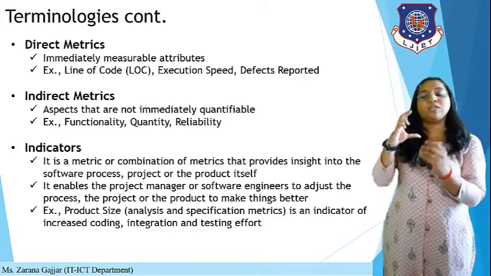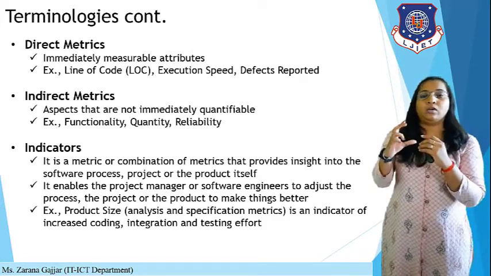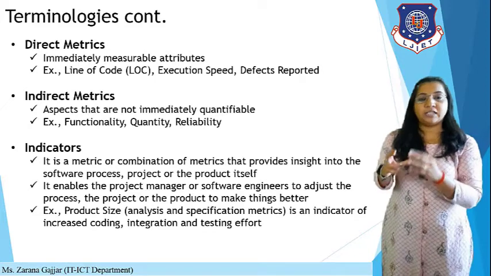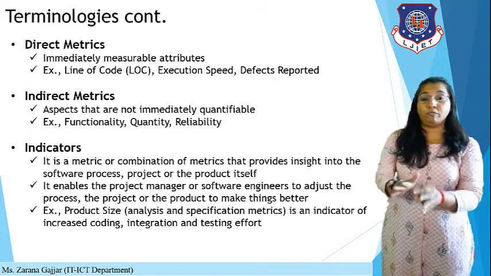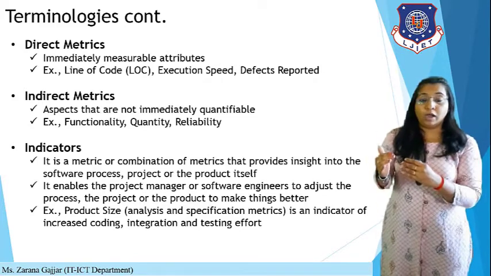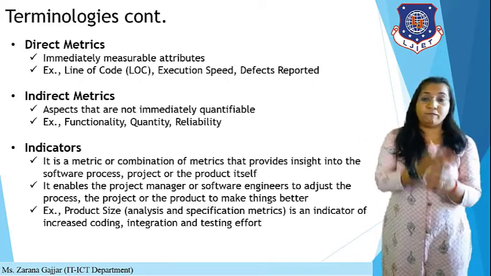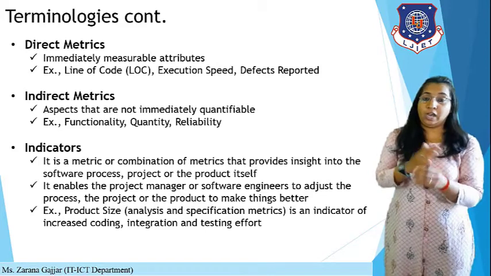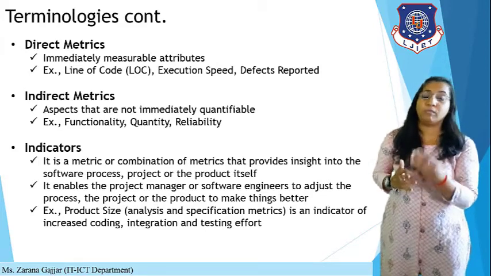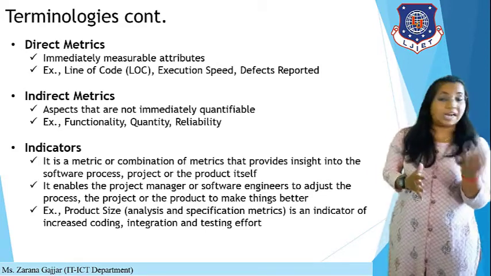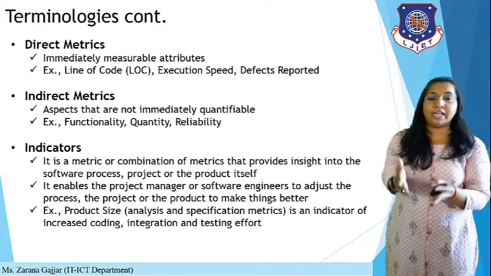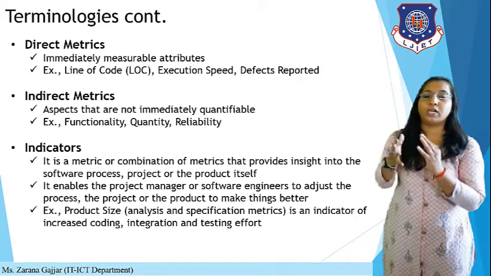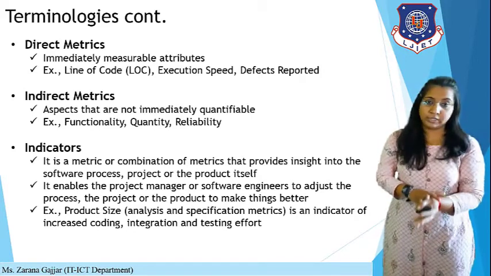If you have a small code, then the time required to analyze that code, run that code and maintain that code is very easy. But if you have a huge module and you have to check each and every module, and each and every platform, then it leads to a larger time requirement. So an indicator means you are indicating something based on your project, process and product itself.